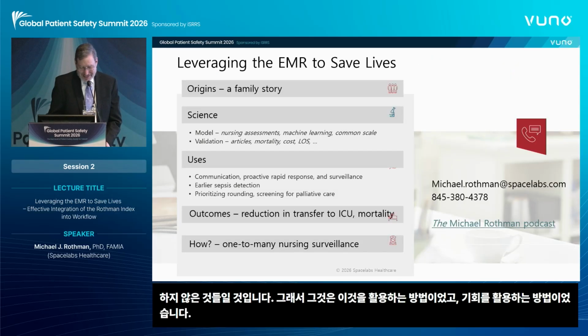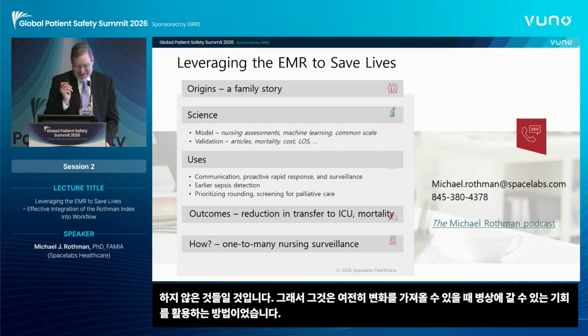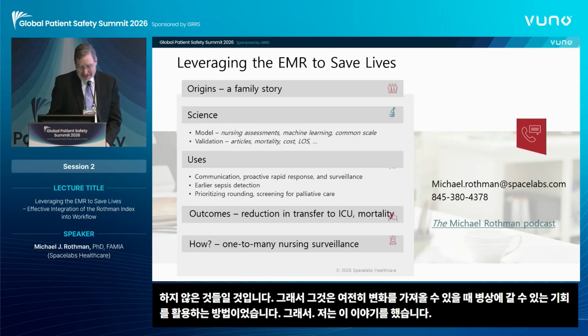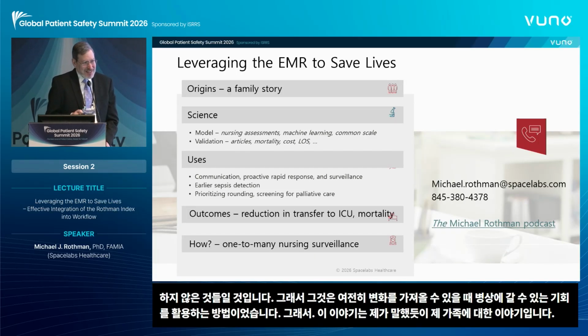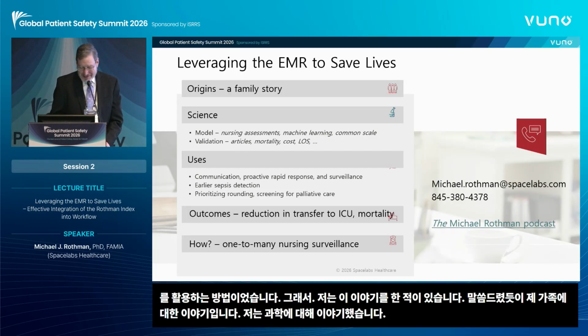So, I have told this story. It is, as I say, a story about my family. I've talked about the science: nursing assessments, machine learning, being able to extract information directly from the data was very valuable and exciting.